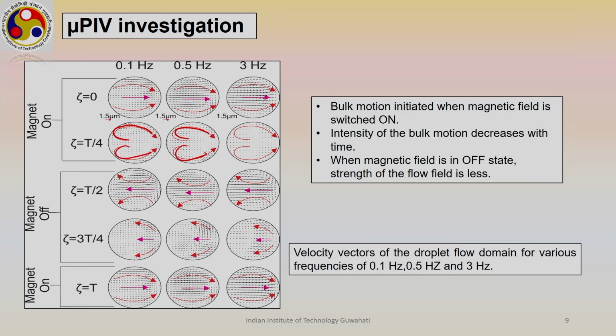Why? With time, the particles which are being deposited at the periphery close to the magnetic core will create resistance to the other particles that are coming. There is continuous movement of particles towards the magnet, because the magnet remains in the on stage.